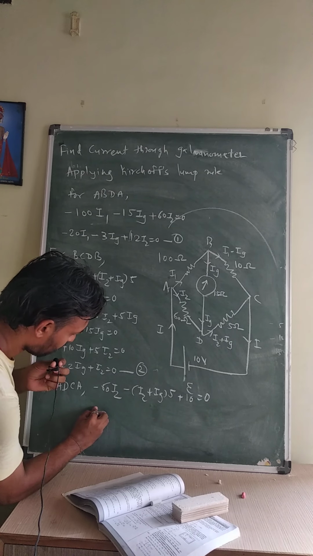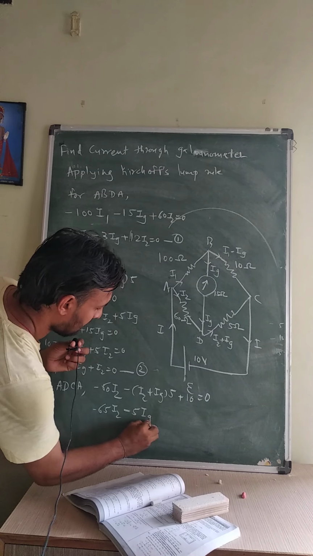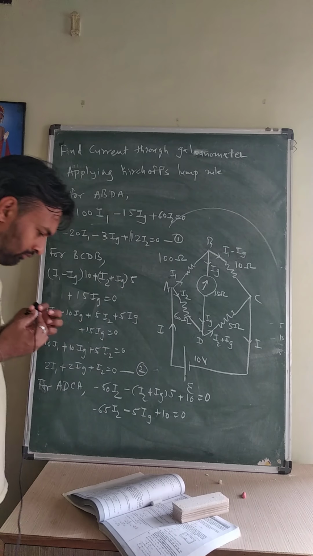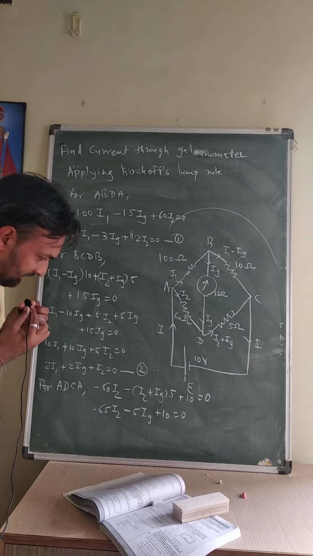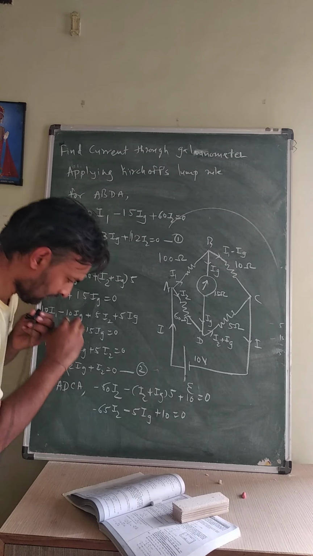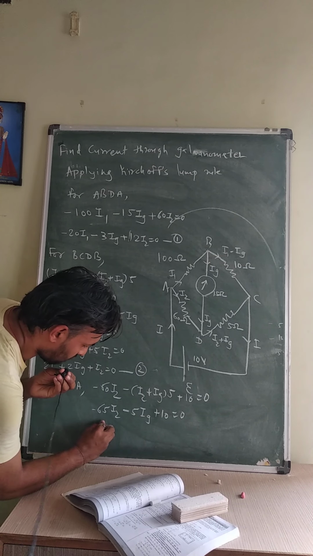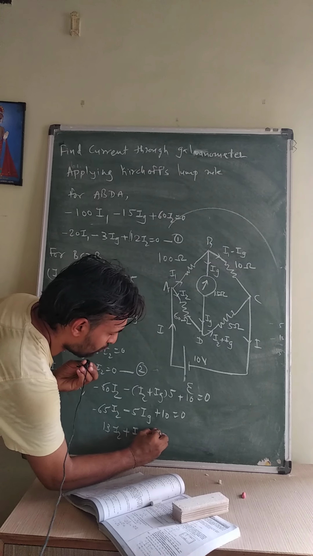So the equation will be minus 65 I2 minus 5 Ig plus 10 equal to 0. If I divide this equation by 5, so 13 I2 plus Ig equal to 2.